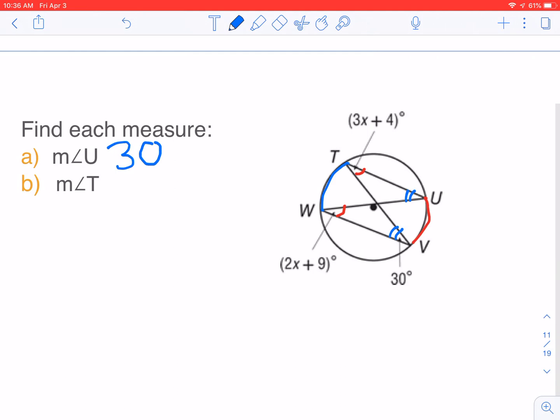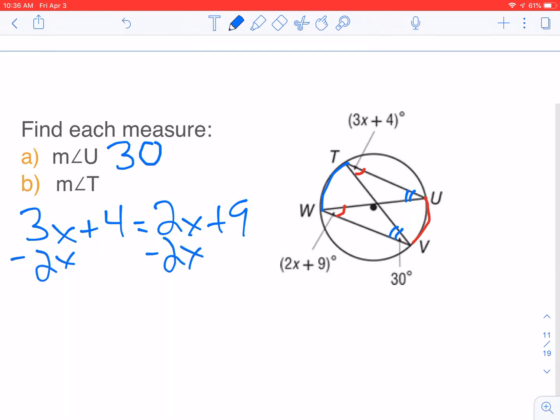All right? Now I know that T and W are congruent. So I just do algebra. 3x plus 4 equals 2x plus 9. Subtract 2x. Subtract 2x. X plus 4 equals 9. Subtract 4. Subtract 4.